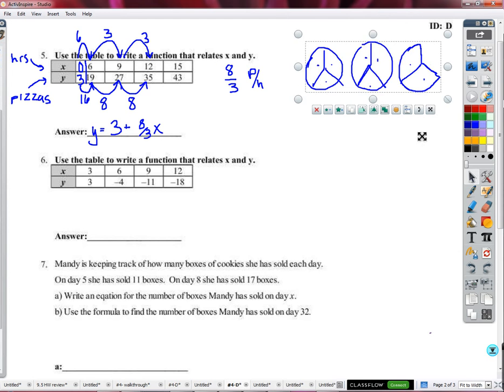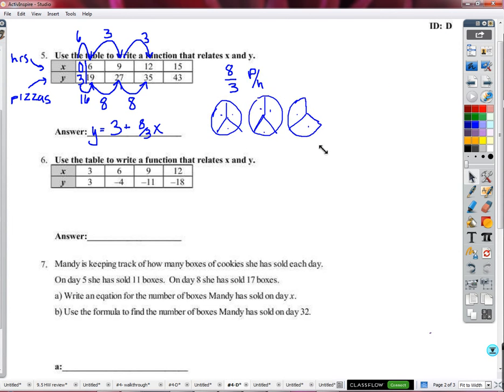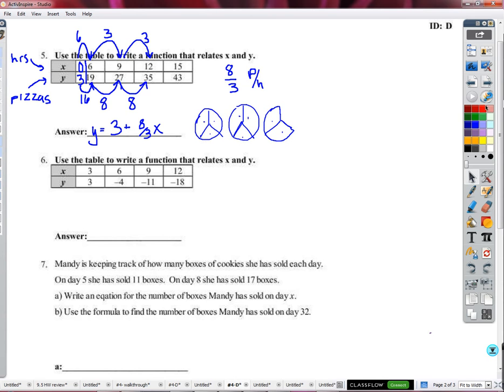So like in the first hour, or in 1 hour, right, 8/3 of a pizza are sold. Well, there's this third that's still left to sell right here, right? And it'll get sold as part of the next hour, right? So they'll sell that third, and they'll sell a total of 7/3. So they'll sell 1/3. Now they're up to 4/3.